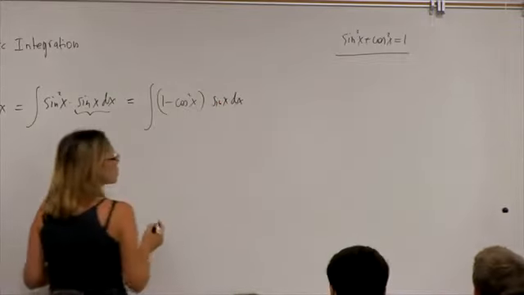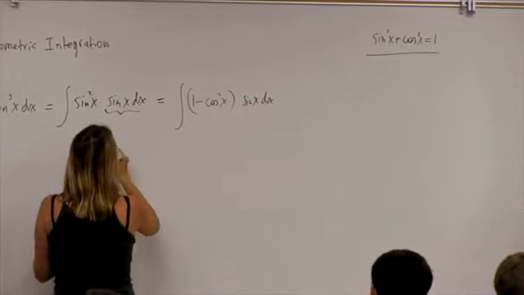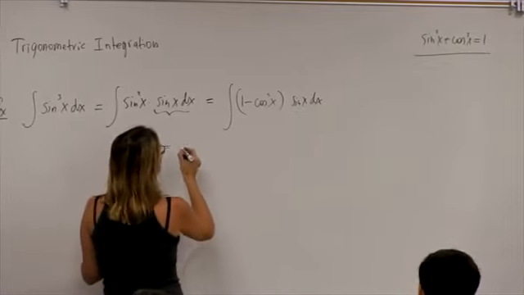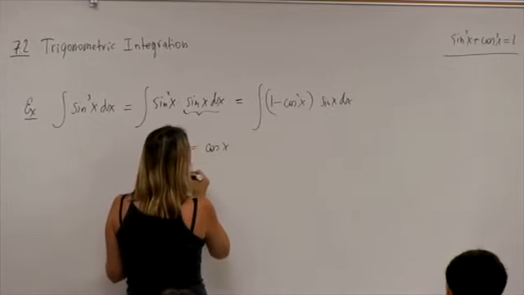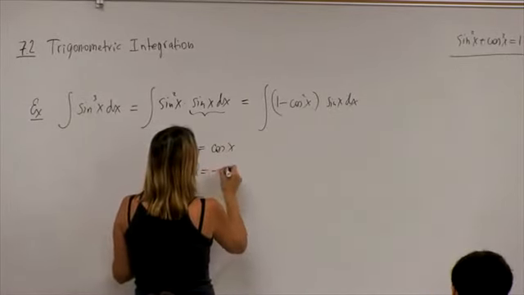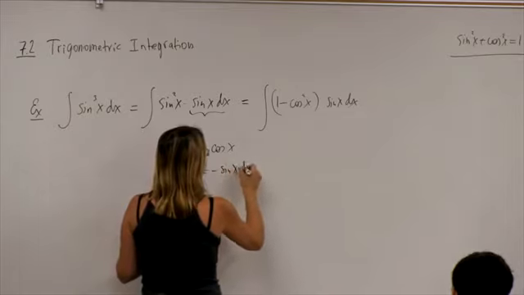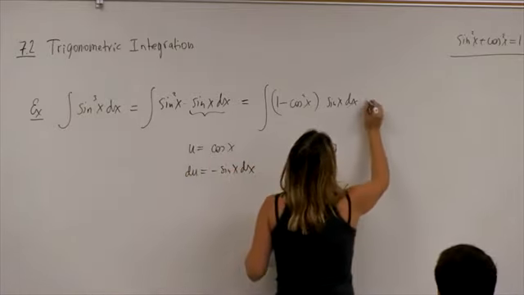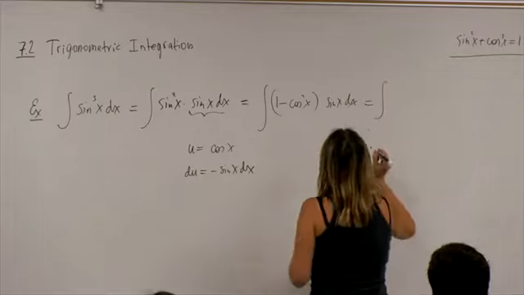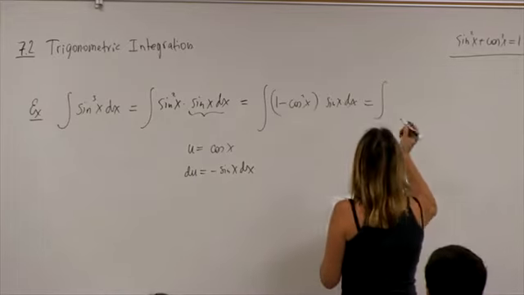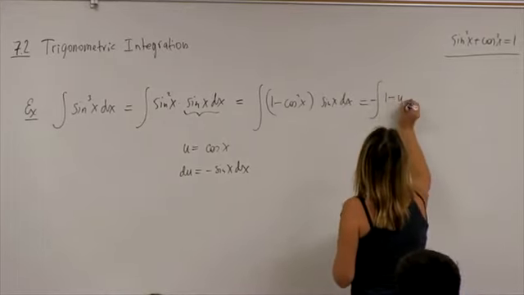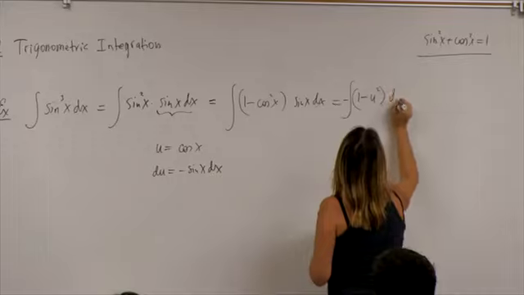So now substitution is obvious. I'm going to say that u is equal to cosine x, and du is minus sine x dx, in which case this integral can be expressed as minus the integral of 1 minus u squared du.